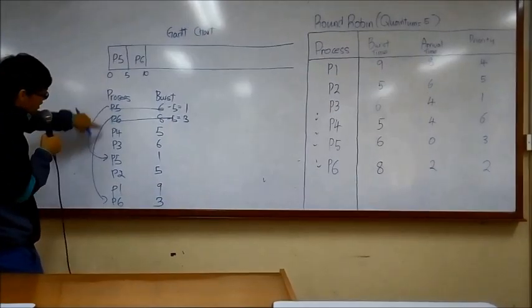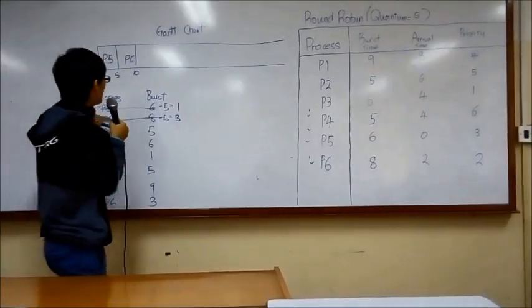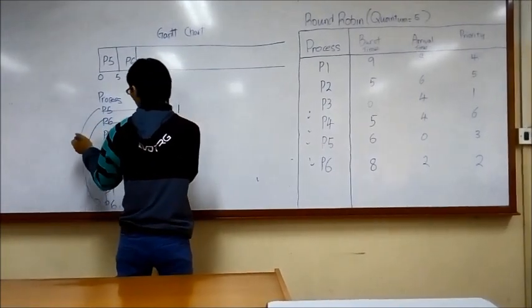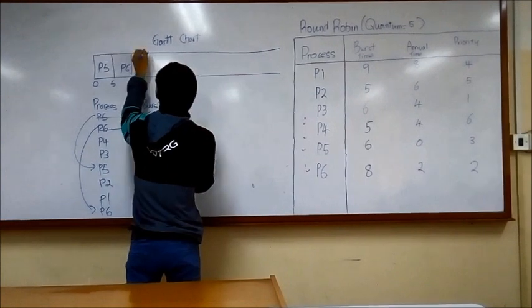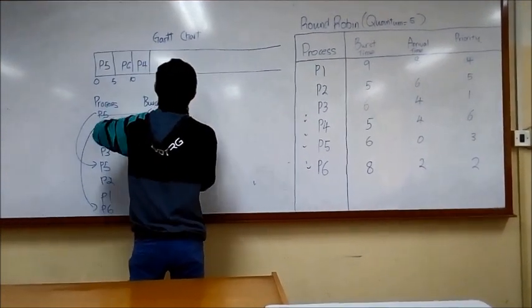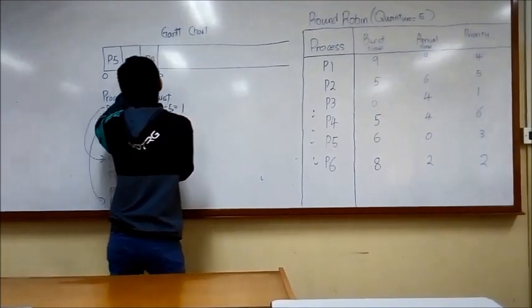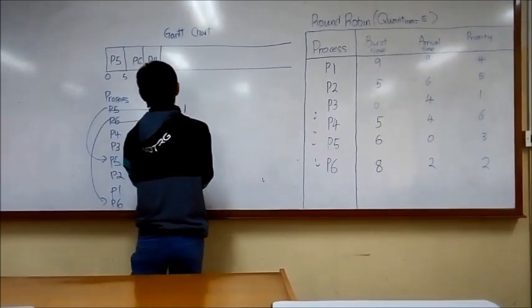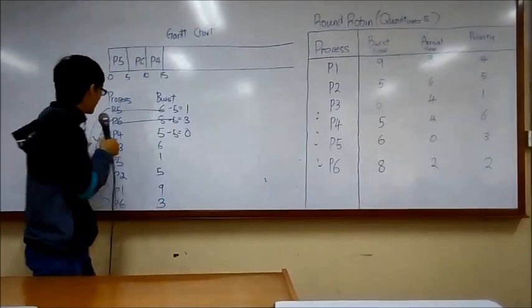Since all processes P1 until P6 have arrived, we simply use this table. We continue with process P4, which has burst time 5. The burst time is the same as the quantum, so we simply plus 5, which is 10 plus 5, which is 15. Minus 5 again is 0, and P4 is done.